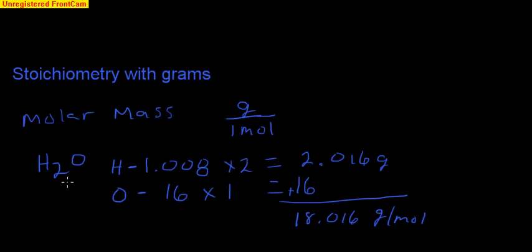To find the molar mass, all you do is take all the elements in the particular compound and multiply by the appropriate numbers. In this case, hydrogen was multiplied by 2. I didn't really need to multiply oxygen because there was just 1, but for the sake of being explicit, 16 times 1 is 16. Anyhow, this is review. This is how you find the molar mass of a compound.